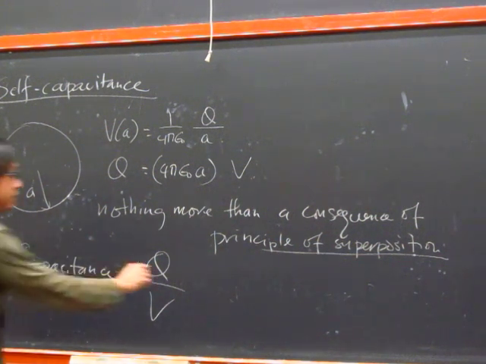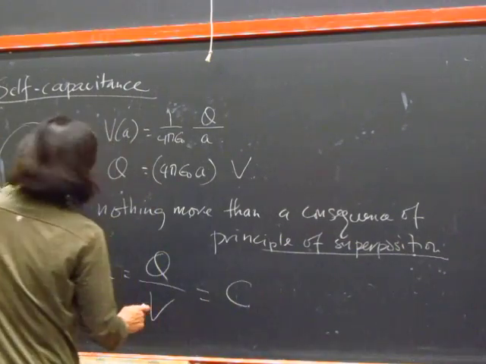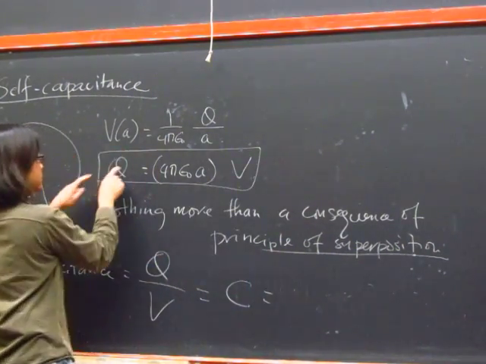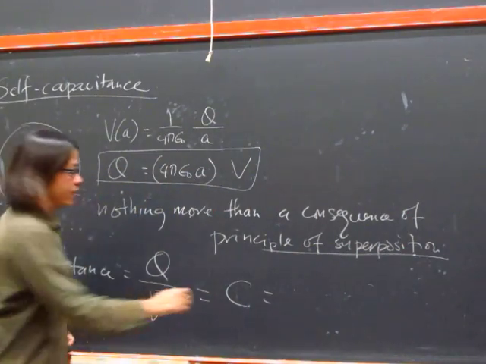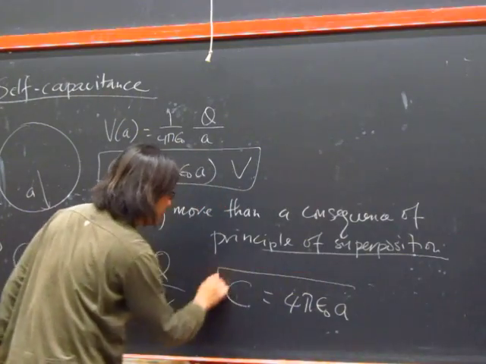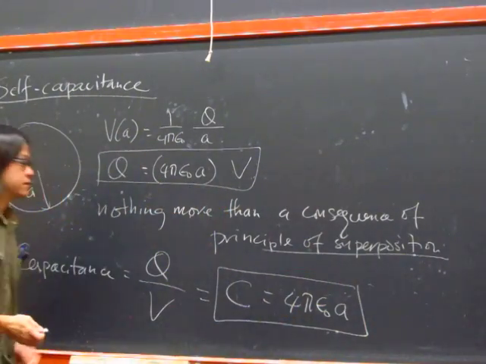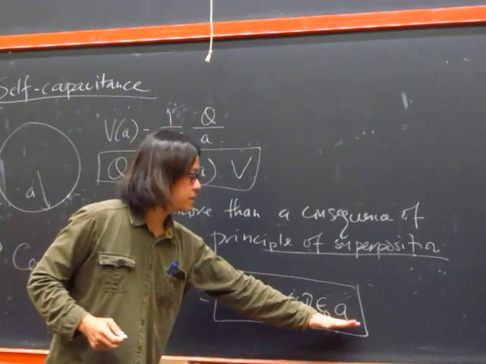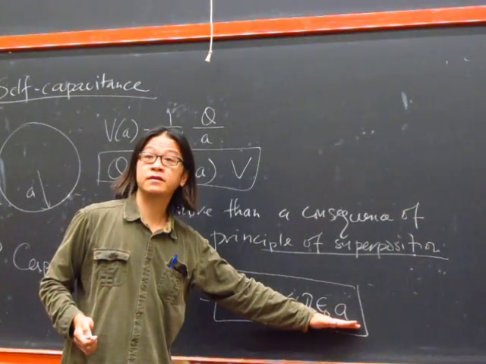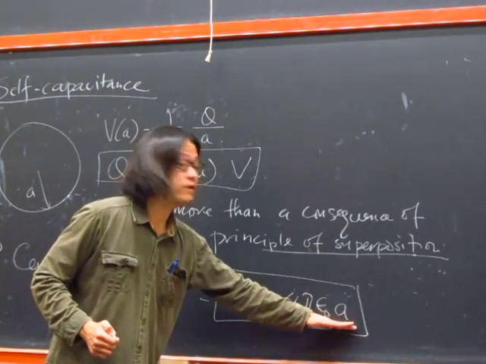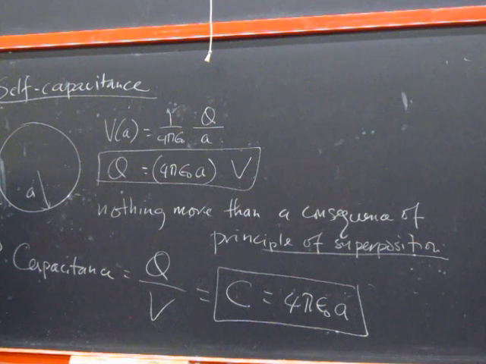Okay, so in this case C for a sphere is given by Q divided by V, which gives 4 pi epsilon naught A. So the capacitance depends on the dimension of the conductor, and in this case it's linear in the radius of the sphere.